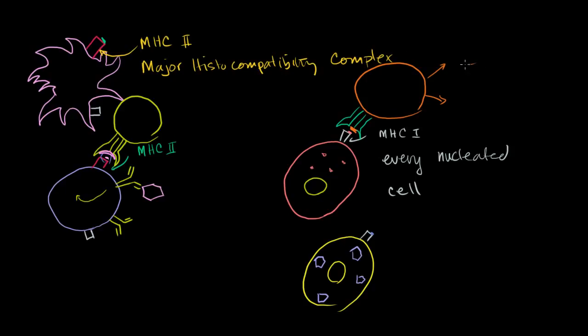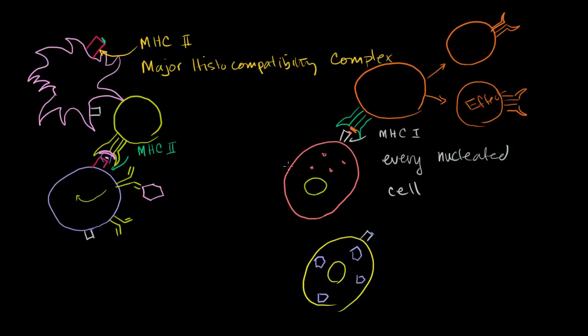He differentiates into memory cells, just in case this type of cancer shows up again, and also into effector T cells, which are the ones that do the killing. So this is an effector. One of these effectors will also bind to cancerous cells, just like this one.